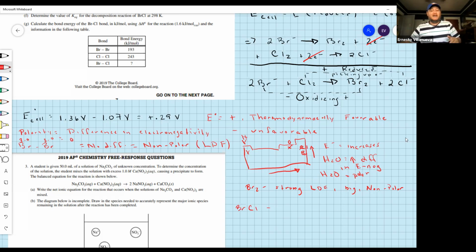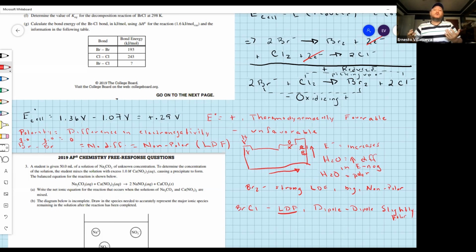So BrCl, or bromine monochloride, is going to have LDF because it's primarily not a polar molecule, but it does have slight polarity, so it's also going to have dipole-dipole. That slight polarity is very minuscule, so the main attractive force is going to be LDF.